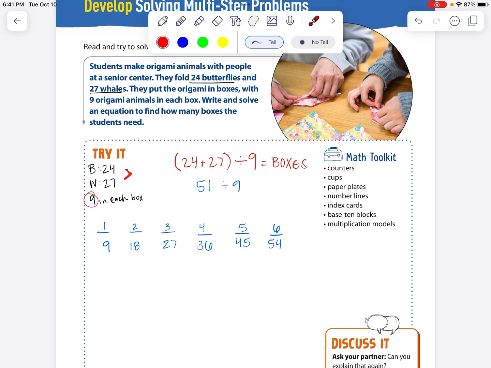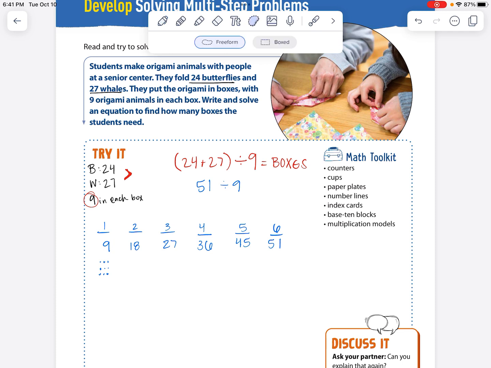So that means for this one we need to say 51. Okay, so then this is one group of 9. Those are dots of 9.